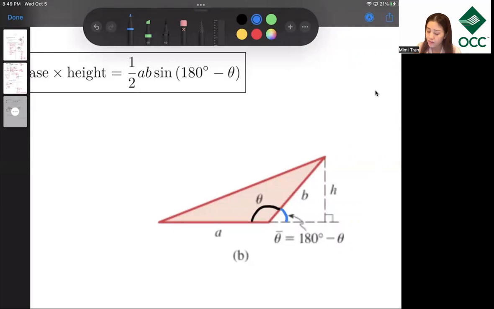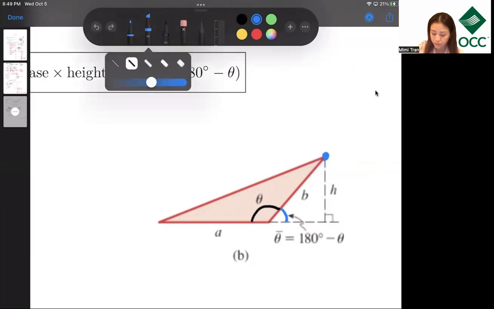And from the top of the triangle, I'm going to project h down, and I'm going to extend the base to meet that projection of h, so that I have a right triangle.